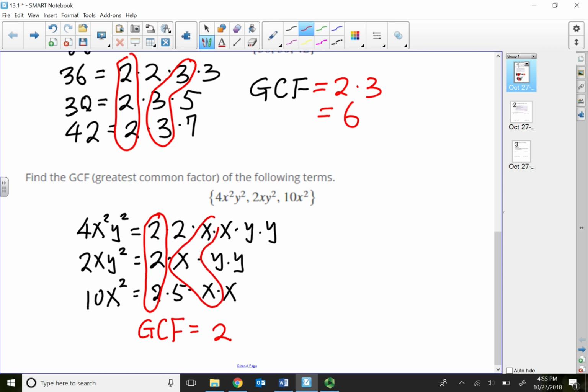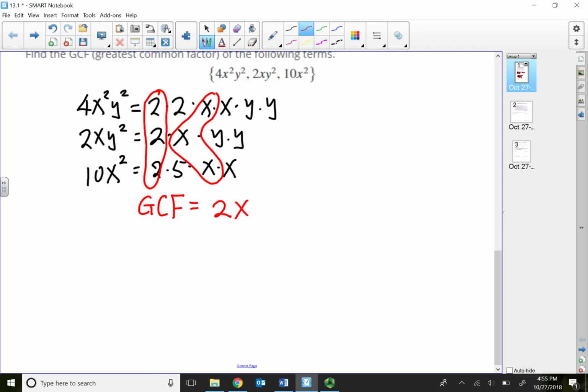X is repeated between all 3 terms, so we count that one time. Since the second term doesn't have any more x, there's no more x repeated between all 3 terms. Since the third term does not have a y, the variable y did not repeat between all 3 terms. So my greatest common factor would just be 2x.